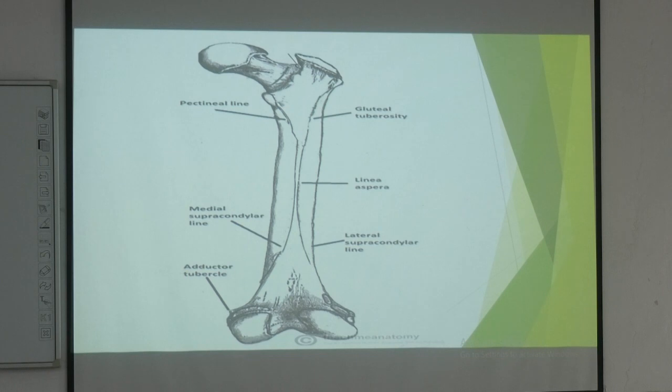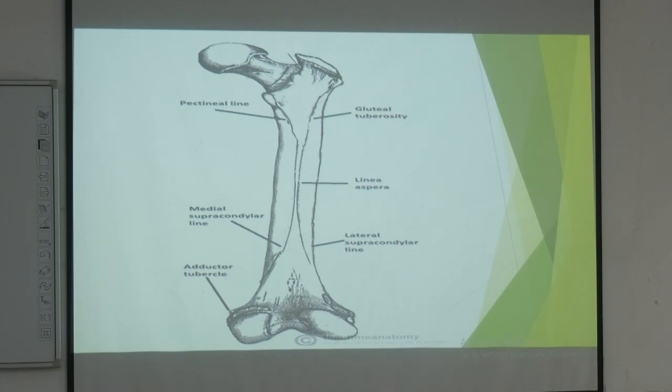So this has two borders. This is one border, this is another border. Medial border to the medial side, lateral border to the lateral side, back side, posterior border, also known as linea aspera. Linea aspera is basically two: medial lip of linea aspera, lateral lip of linea aspera. Clear?